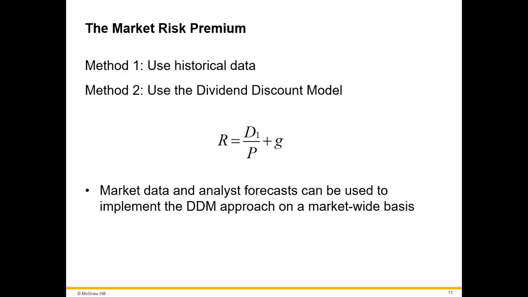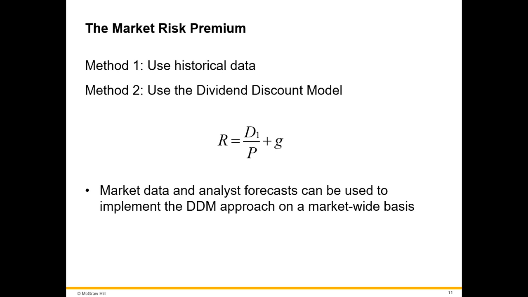Now, how do we determine the market risk premium? Well, there are two methods. The first is historical data. Just go back and look and see, well, what's the normal market risk premium historically? In a prior chapter, chapter 10, we showed you those historical rates for different types of securities.